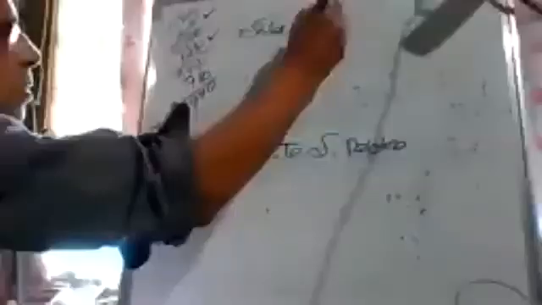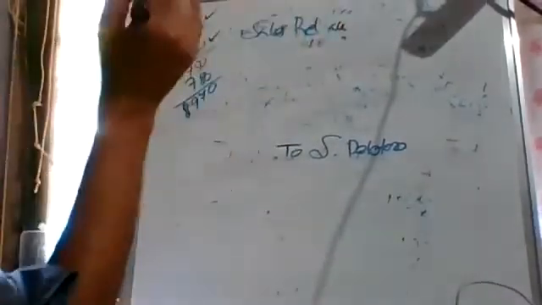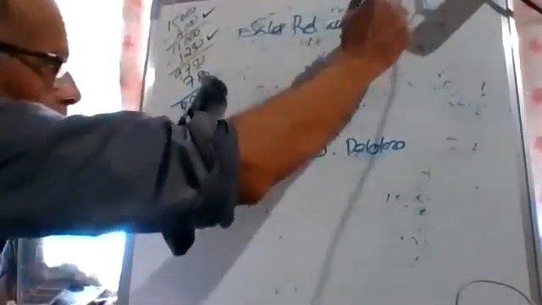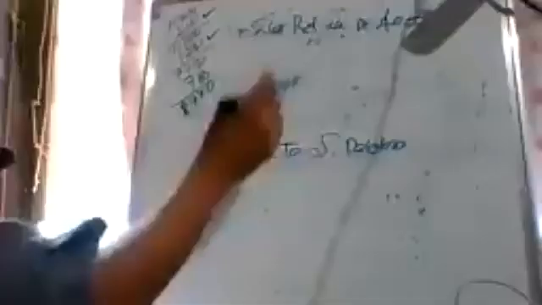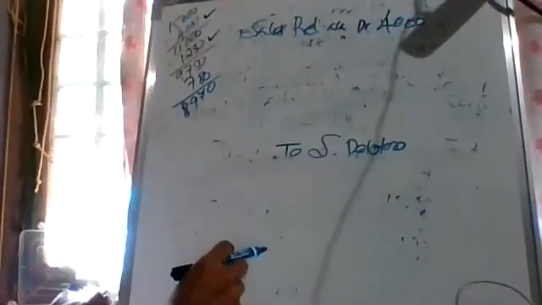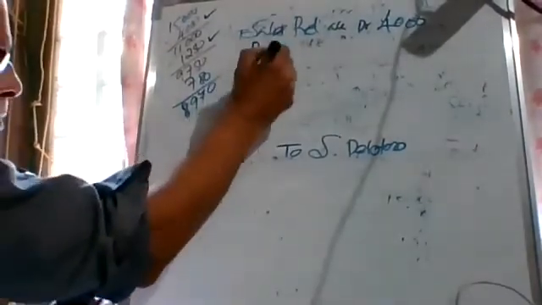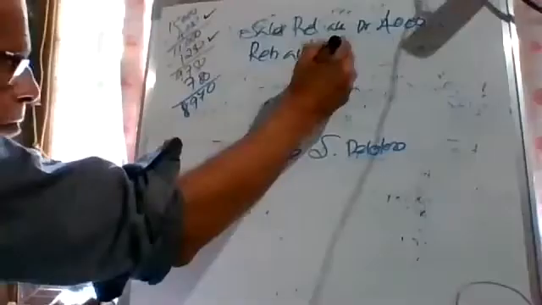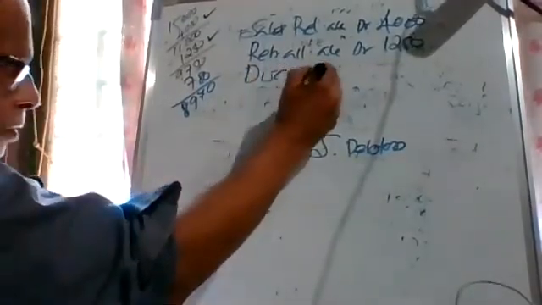Sales return account, 4,000, isn't it? Am I right, children? Yes, sir. Sales return account debit. Next, rebate allowed, 1250. Next, discount allowed.